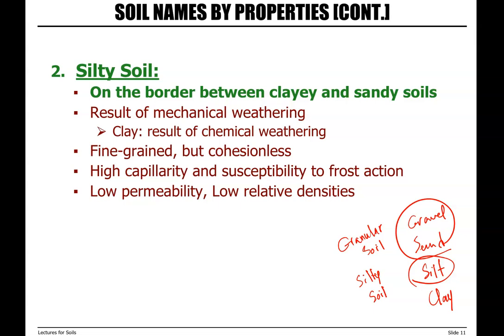It just breaks the particle into smaller sizes. On the other hand, we have clay, which is formed as a result of chemical weathering, which means that there are chemical reactions and there is a change in the chemical composition of the particles.